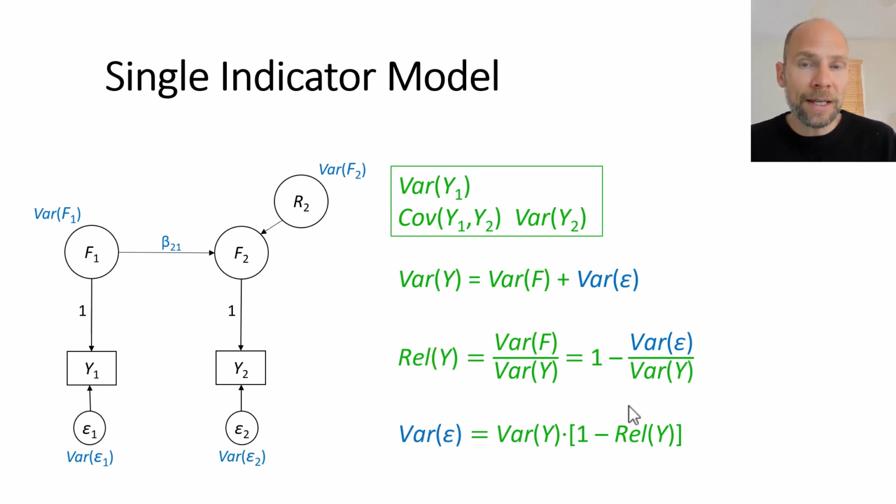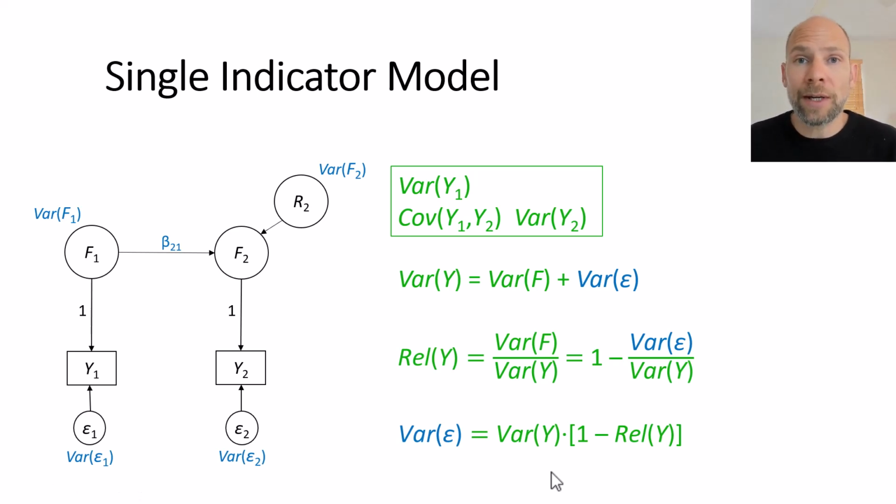But that is, so to say, key to single indicator models: you need to have an idea about the reliability of your variables, and then you can use that information to calculate the error variance component from your data using this formula that is given here at the bottom. So that's the key formula to resolve this identification problem of the single indicator model.